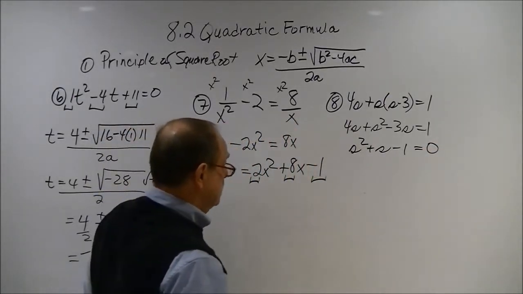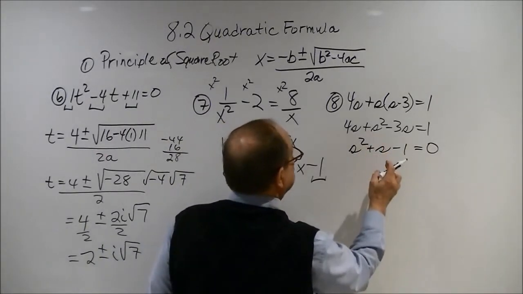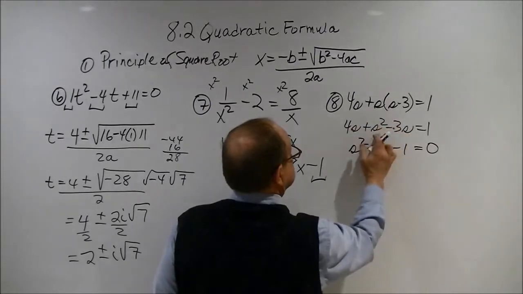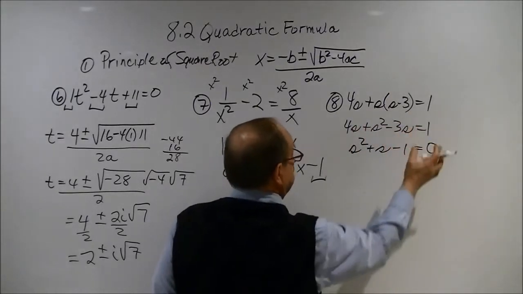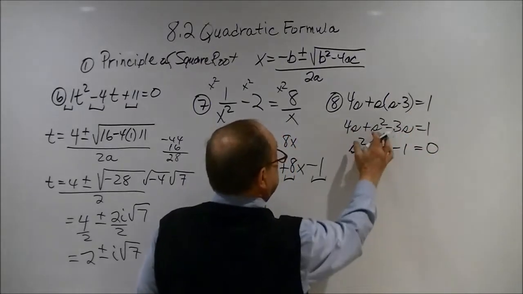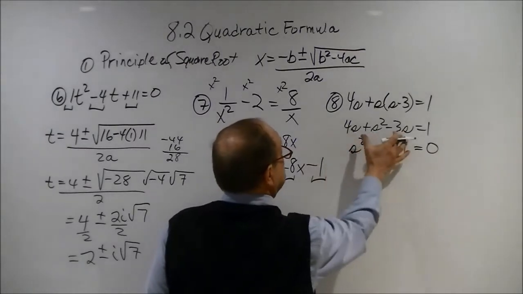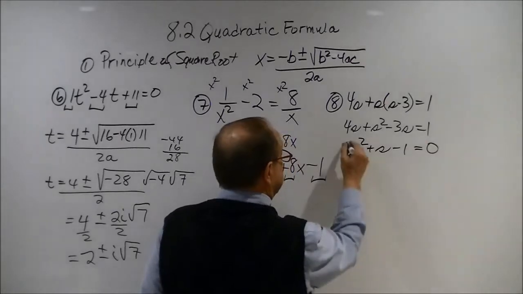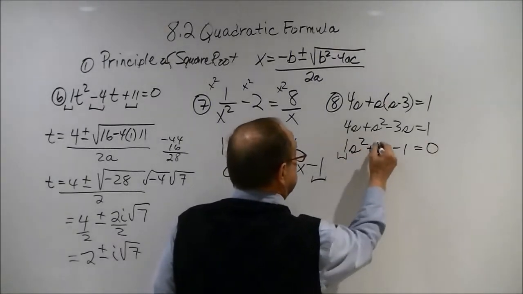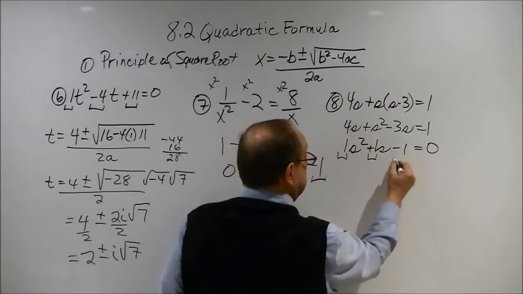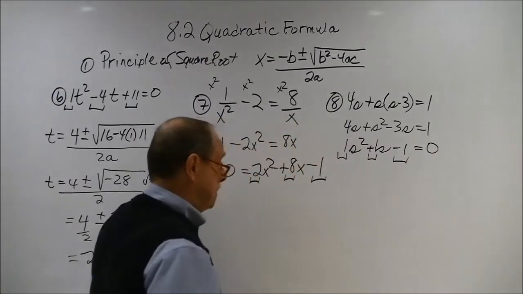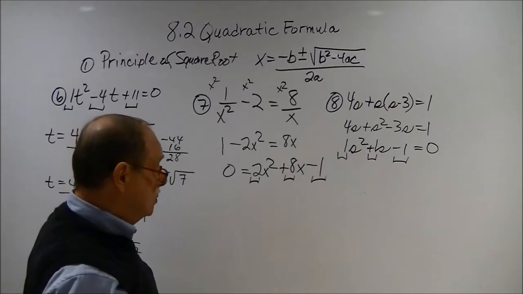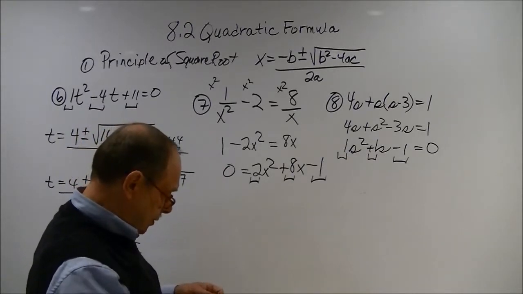And it never hurts to check your work. So 4s, s squared minus 3, yep, that looks good. Putting it in order, subtracting these two, get that, bring that over, yes. So again, your A is 1, your B happens to be 1, and your C is 1. So again, putting it into your quadratic formula, that should do the trick.